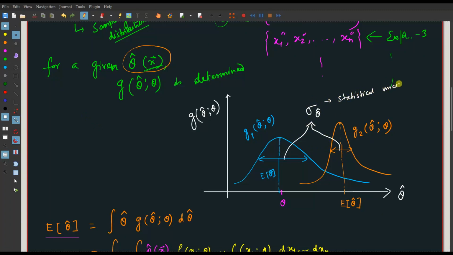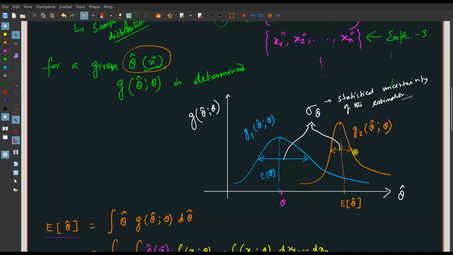This actually tells you how reproducible your experiments are.